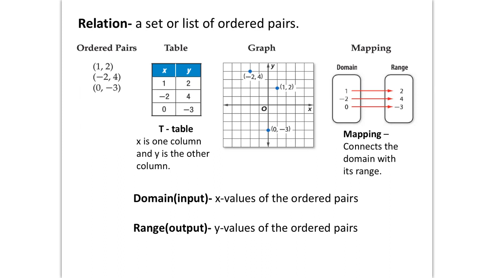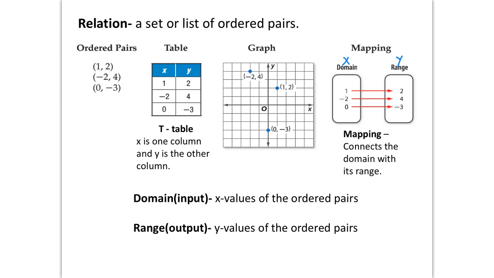Now, when you have a mapping, you are going to have a kind of bubble here, and you are going to write down the x values in one bubble, which are the domain, and the y values in the other, your range. I'm going to put that on the top so you remember x is domain, y is range.